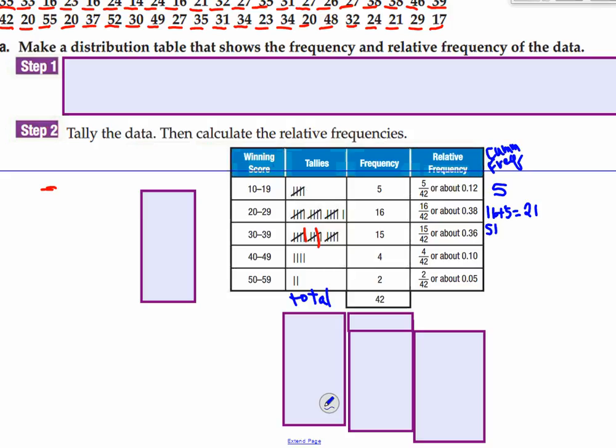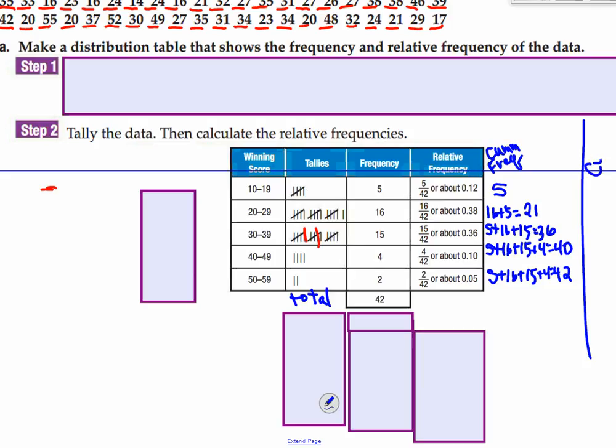Here, 5 plus 16 plus 15, or 36. This is 5 plus 16 plus 15 plus 4, or 40. This one is 5 plus 16 plus 15 plus 4 plus 2, which is 42. Do you agree?